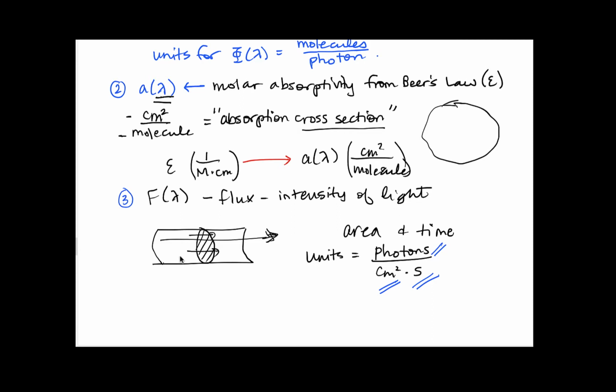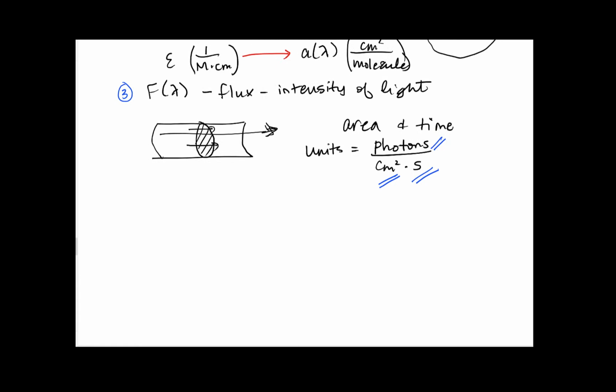So if we think about how this is going to affect, if we're looking at sunlight as our most important environmental source of light energy, then the flux is going to depend on the wavelength. It's going to depend on the altitude, how high above the surface of the Earth you are.